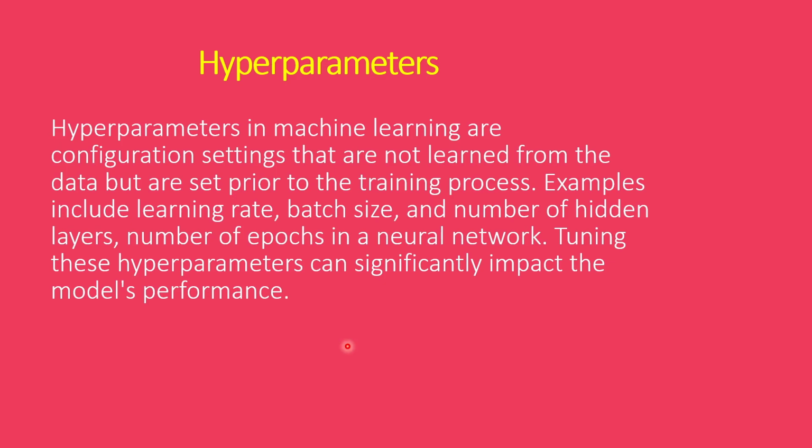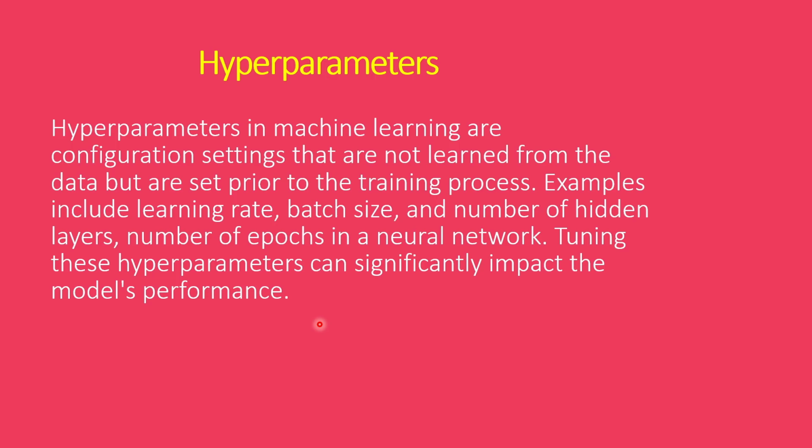Hyperparameters in machine learning are configuration settings that are not learned from the data but are set prior to the training process. Examples include learning rate and batch size, that means how much data we are giving to each batch. Learning rate indicates at what rate our machine learning model is learning, and the number of hidden layers we have seen before.